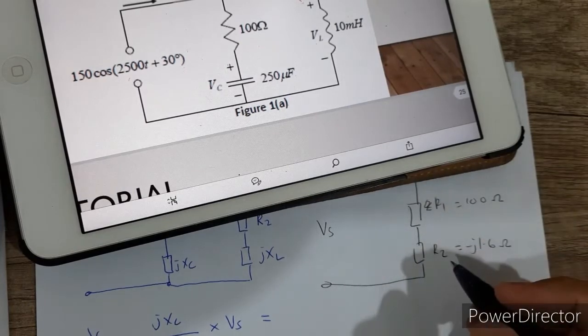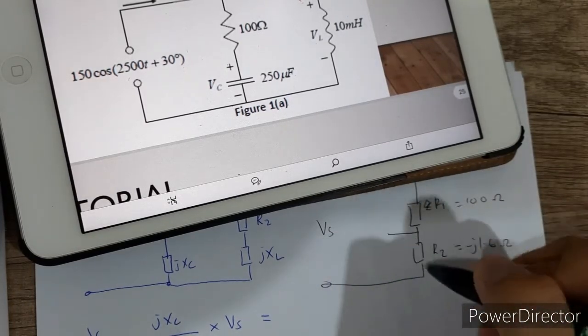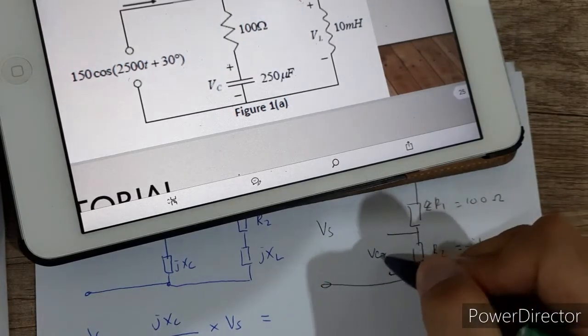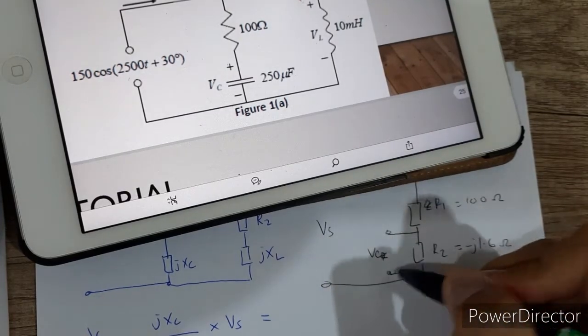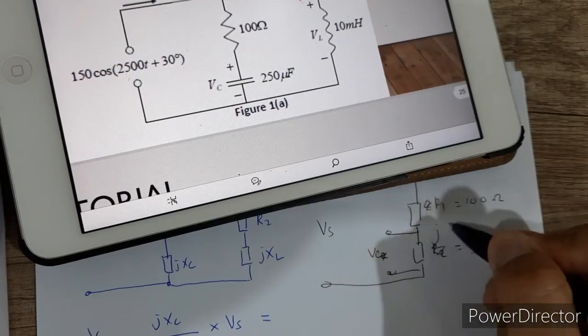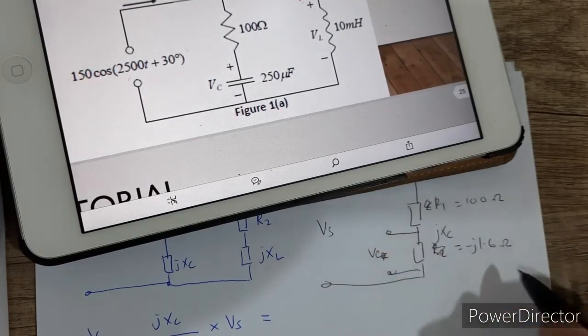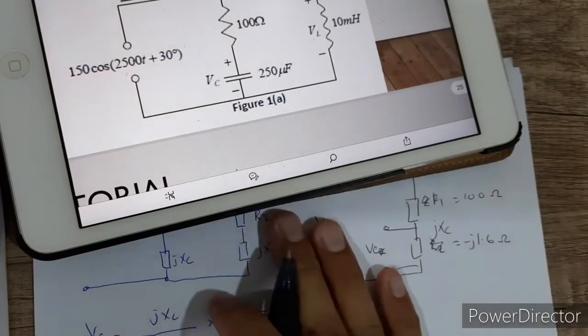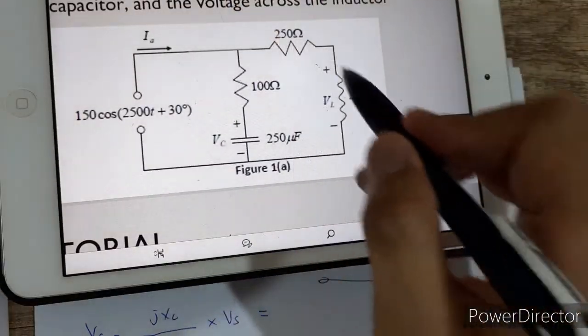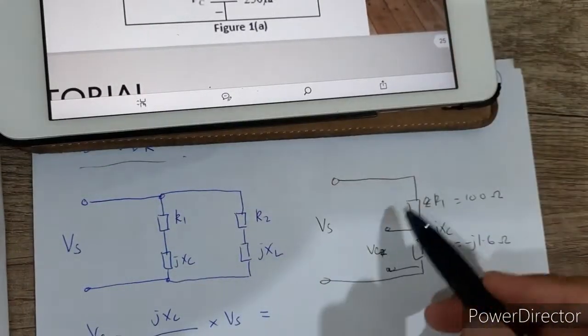So what we want to find is this one, VC, the voltage across the capacitor. This is jXC, and jXC is equal to negative j 1.6. Similar with this junction, this is the same circuit.